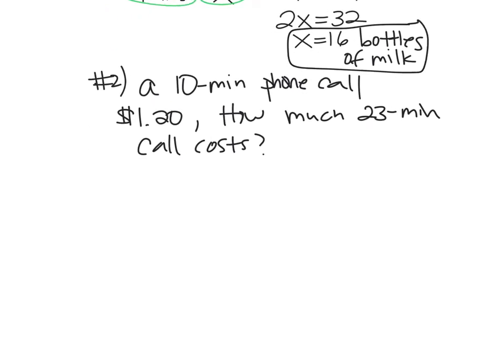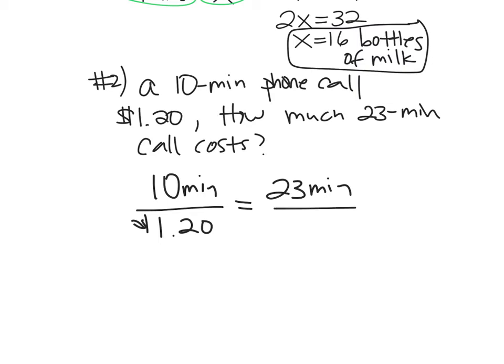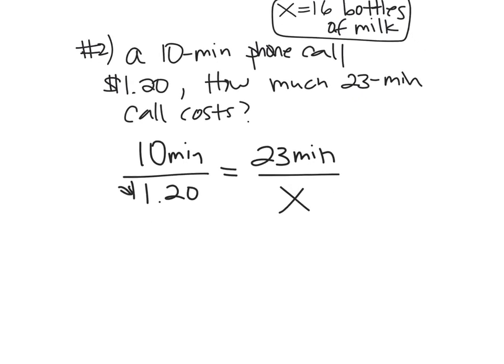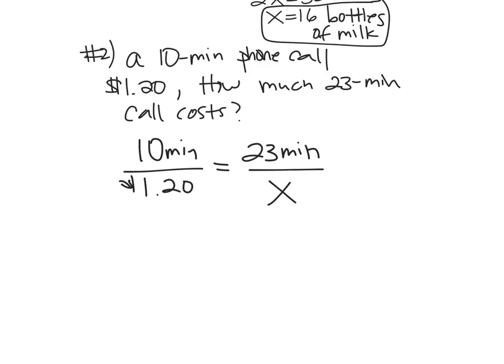So let's set it up. And it doesn't matter how you set this up. If you want minutes up top and money on the bottom, or money up top and minutes on the bottom, it really doesn't matter. So if I start with 10 minutes is to $1.20, as 23 minutes is to question mark money. Okay? So I set up a proportion to solve, and then I simply cross multiply.